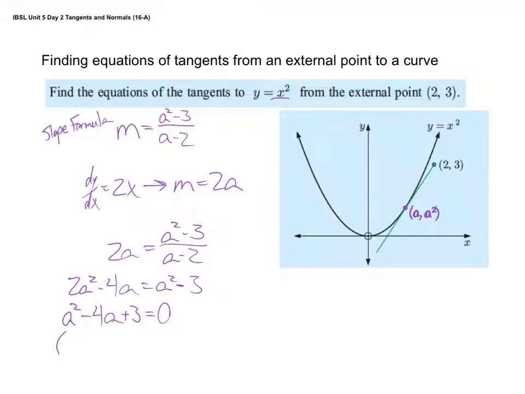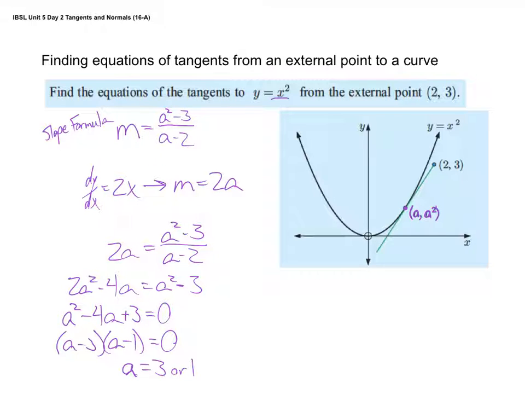So that factors, right, into (a minus 3) times (a minus 1). So my 2 answers are 3 or 1. I might say, well, how in the world are we getting 2 different answers?